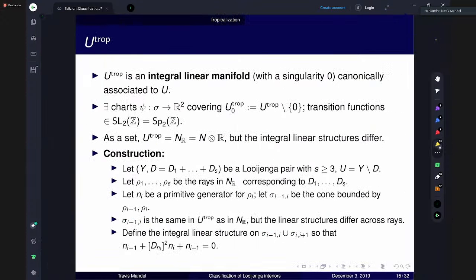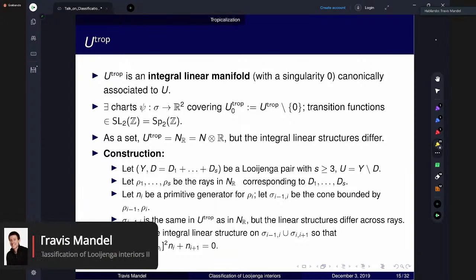So this motivates U trop, which is basically a modification. Instead of working with this lattice N, U trop is something very closely related you can work with that doesn't change when you mutate. It's actually canonical.